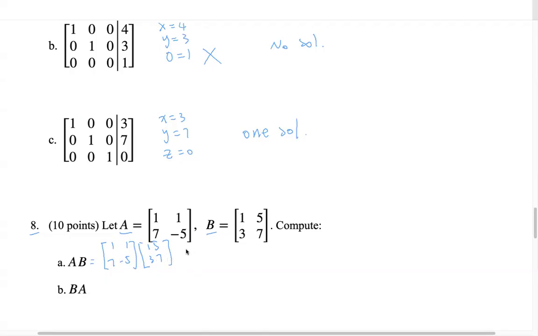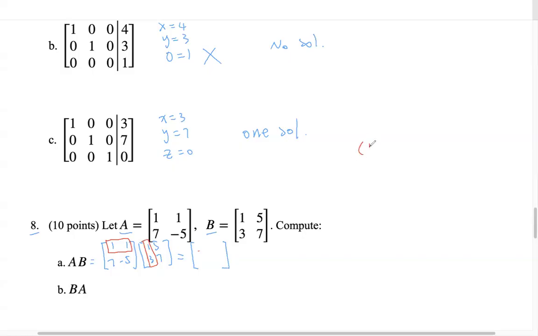So this is 2x2 times 2x2. Our product should be 2x2. I have 4 spots. So the process is to do the dot product. This entry here comes from the dot product of this row with this column.